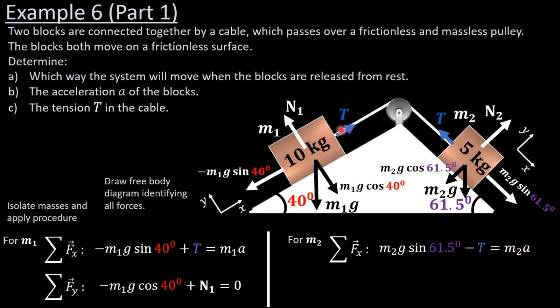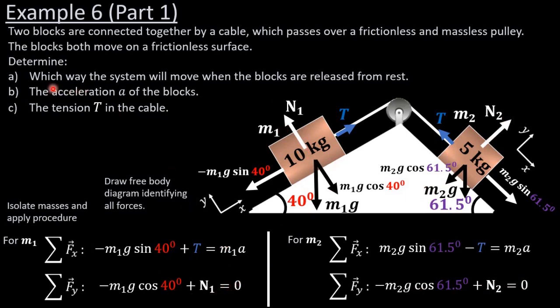These 2 blocks are connected by this rope, so they will have the same acceleration. Then I take my forces in the y direction to get this. Minus m2 times g times cos 61.5 degrees is this force here, plus N2, which is in the positive y direction, equals 0. So there's no acceleration in the y direction, and there's no acceleration in the y direction for this block either.